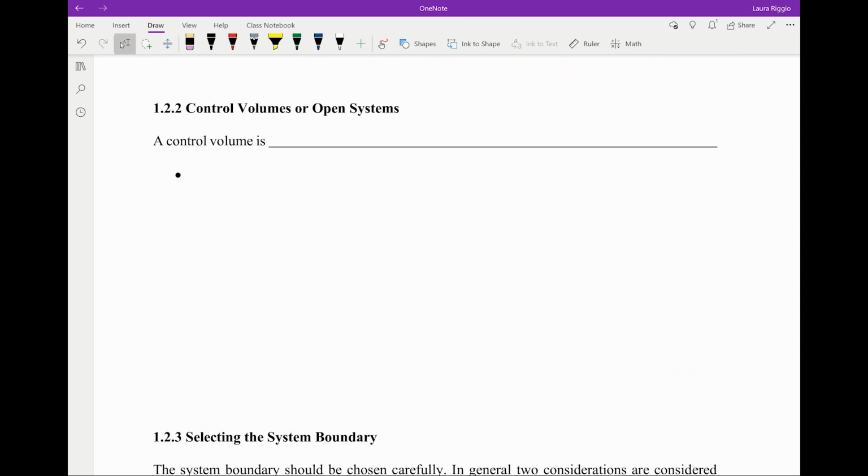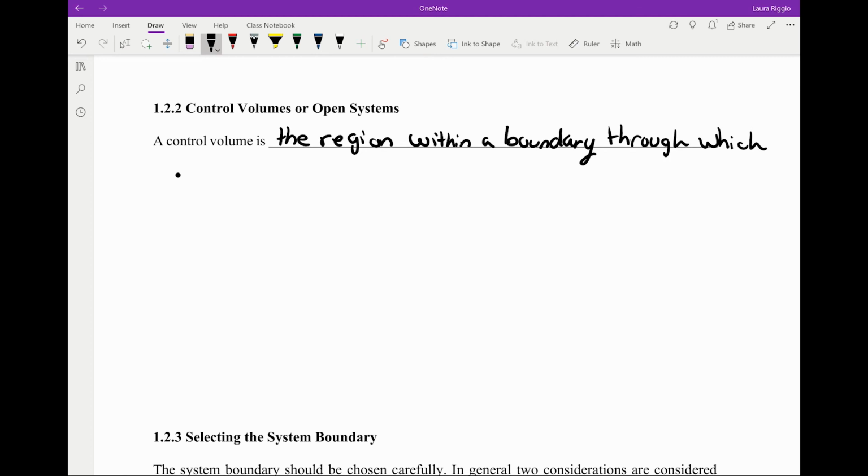So if those are closed systems, the difference with open systems is that mass can cross the boundary. So a control volume or open system is a region within a boundary through which mass flows.